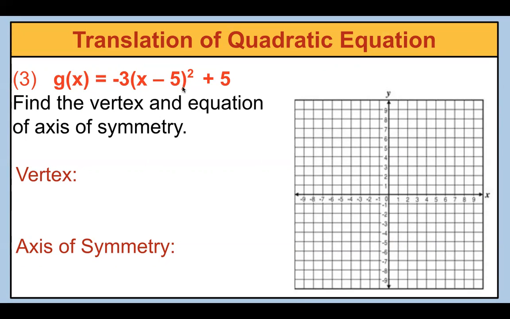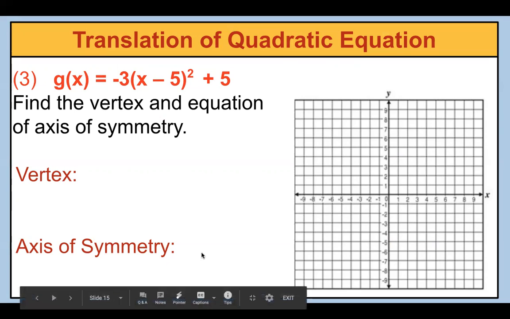Then you can find the vertex. This is a vertex form. So when you get this, remember, how do you find the vertex? This is for x, this is for y, right? And x is the opposite, y is the same. If you remember that, you can do it. So you can find the vertex and then the axis of symmetry.